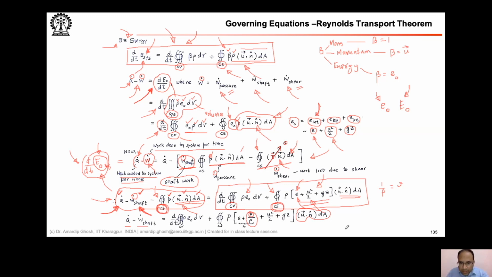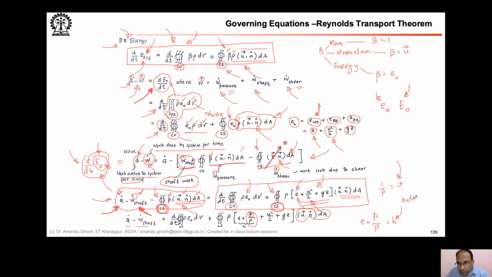And this E plus P by rho, specific internal energy plus P by rho or P times V, has a very important connotation. It's called enthalpy. E plus P by rho or E plus PV, where V is the specific volume per unit mass, is equal to H, and H is enthalpy.